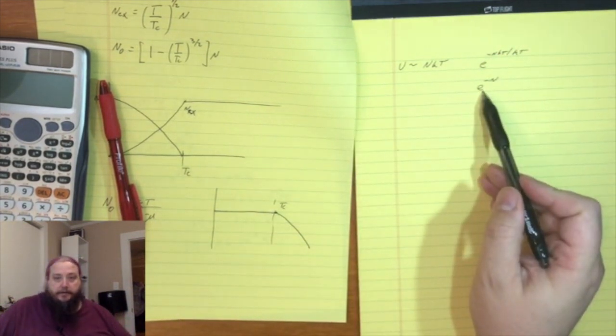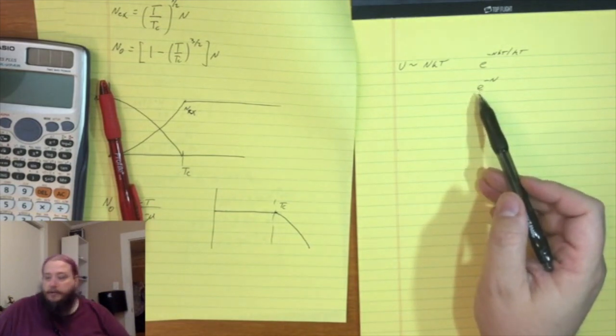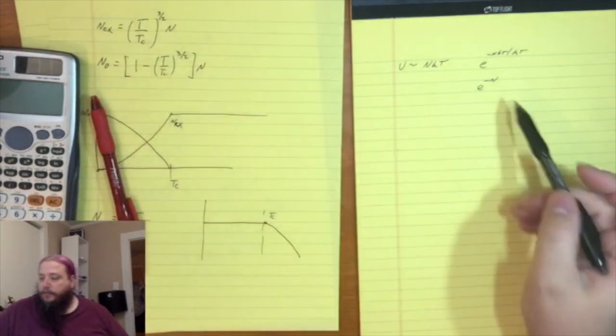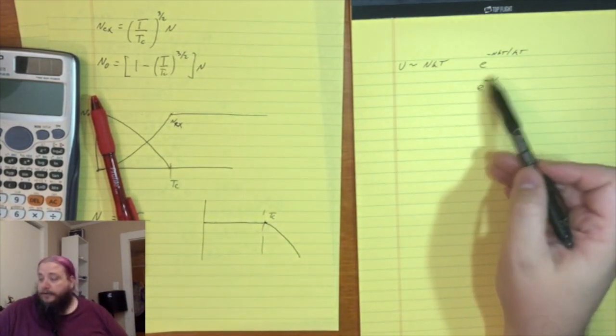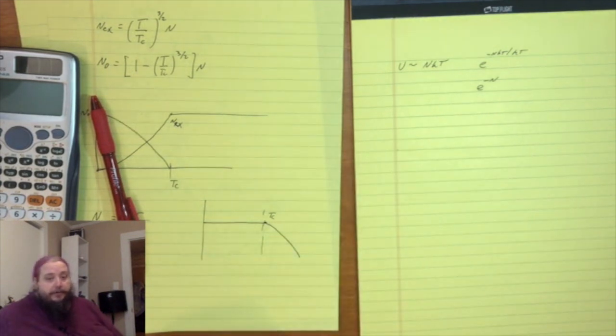That's a tiny number, and so why is it that we don't have gigantic numbers of distinguishable particles forming into the ground state?